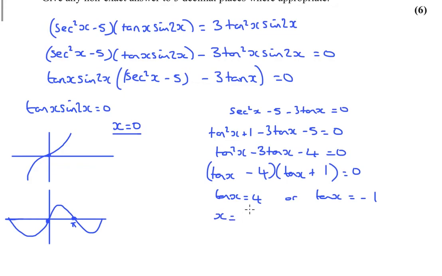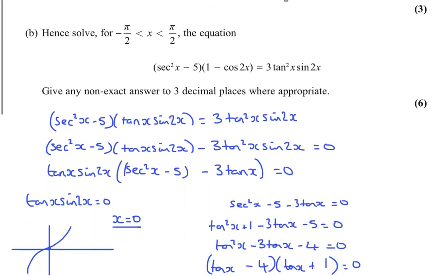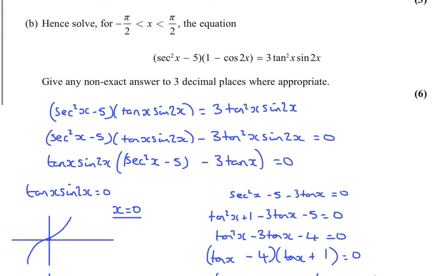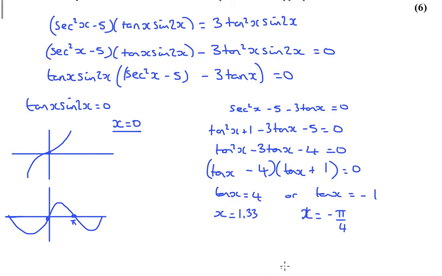So x is the inverse tan of 4, making sure you're in radians, is 1.33, or inverse tan of negative 1 is minus pi over 4. Just remembered it said give any non-exact answers to 3 decimal places, so I need another decimal place for this.